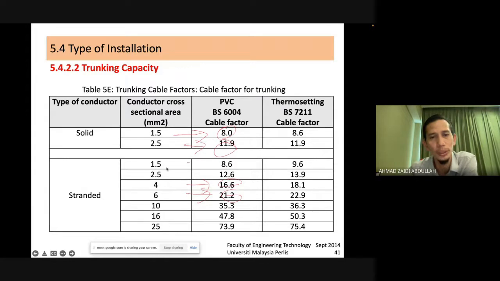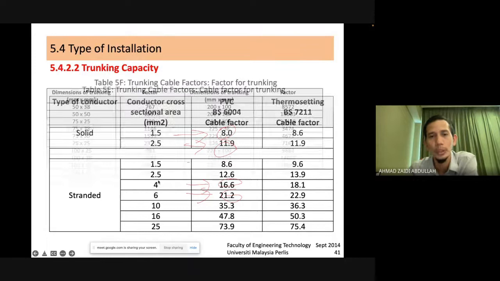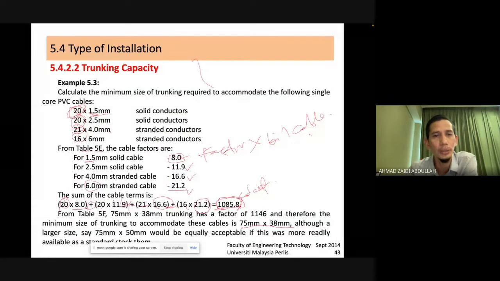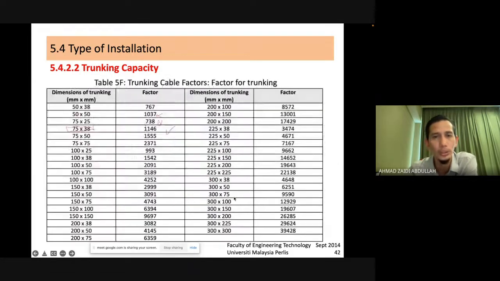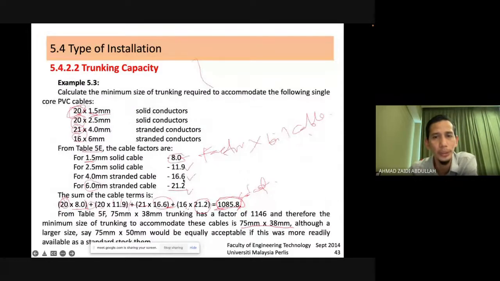Only the initial part can differ. Okay. So the first step is we find the cable factor from table 5E. For every size we determine the cable factor. For example, for 1.5, we can see from this table the cable factor is 8.0, then 11.9, and for 4 it is like this, and for 6, 21.2.